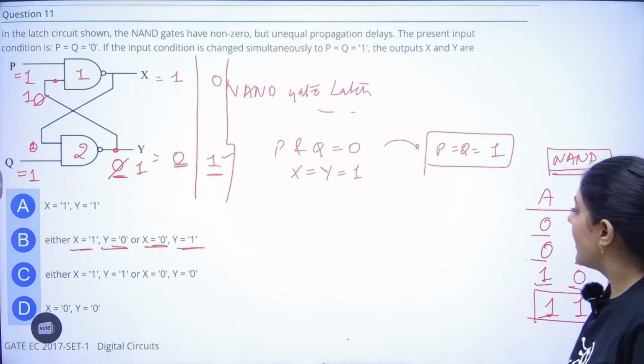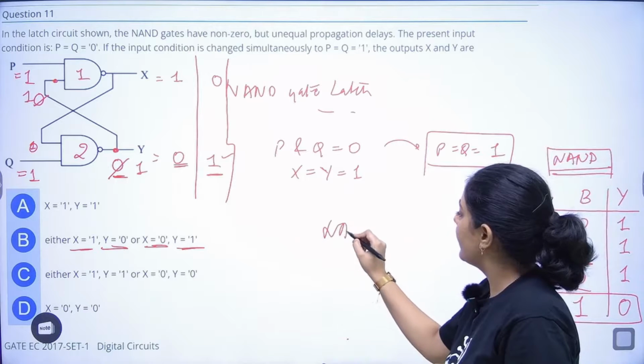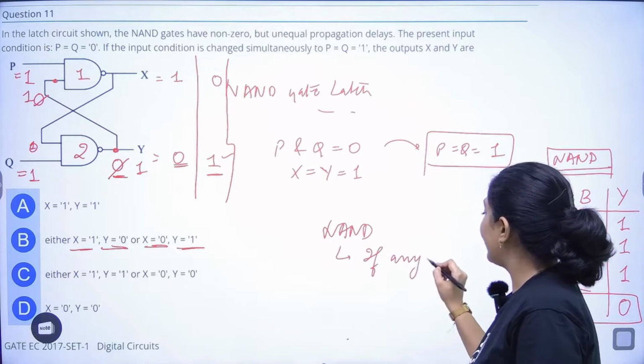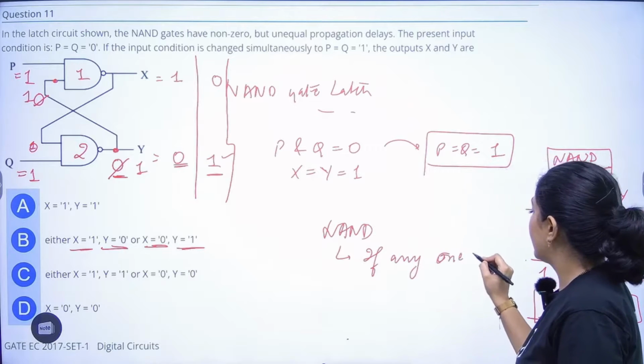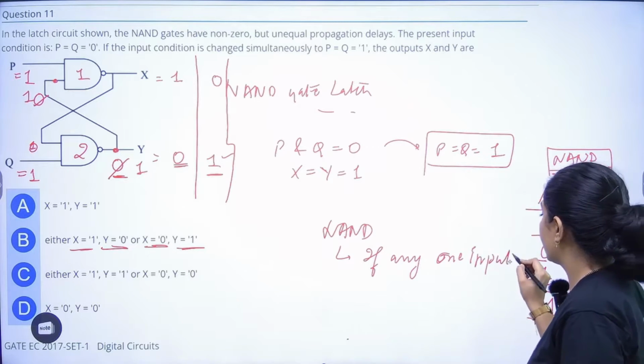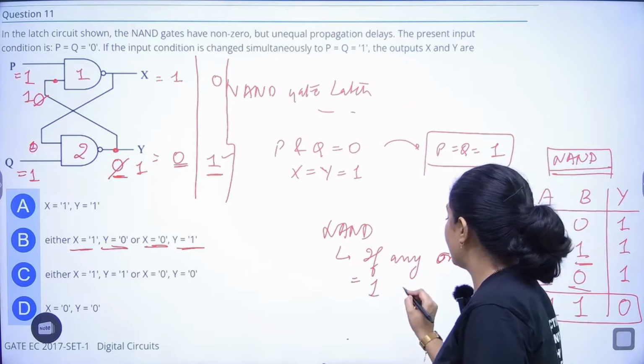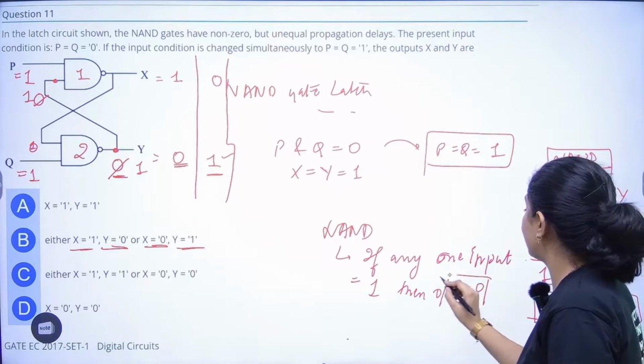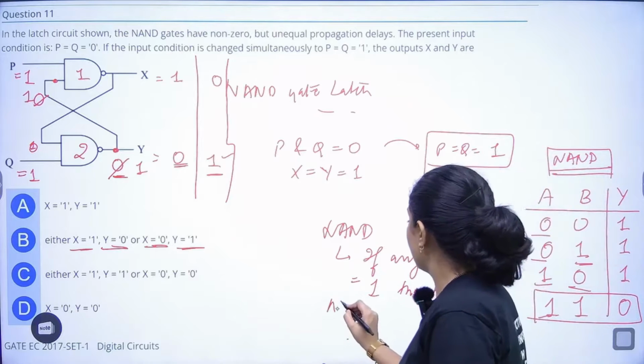For a NAND gate, if any one input is equal to 1, then output is certainly equal to 0. And this is opposite for NOR.